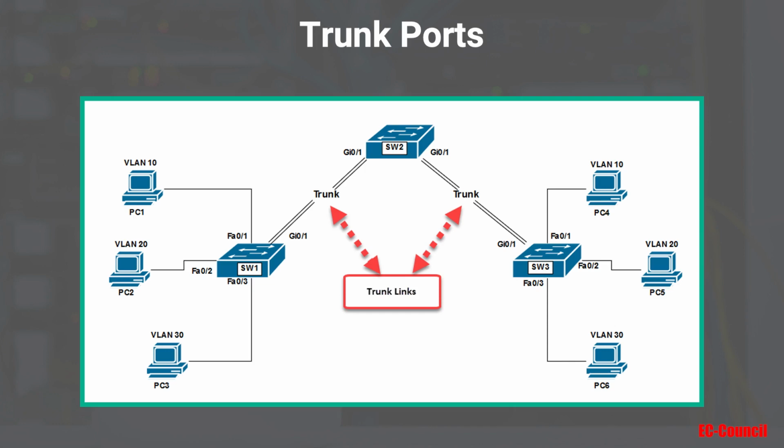So while the switch is passing it on to the trunk, the frame remains tagged until it reaches switch 2. Switch 2 will forward it down here to switch 3, and then before switch 3 sends it out this interface to PC4, it will remove the tag simply because the end device is not concerned about the VLAN tagging. The VLAN tagging is very important within the network devices. The network devices in this situation are the switches.